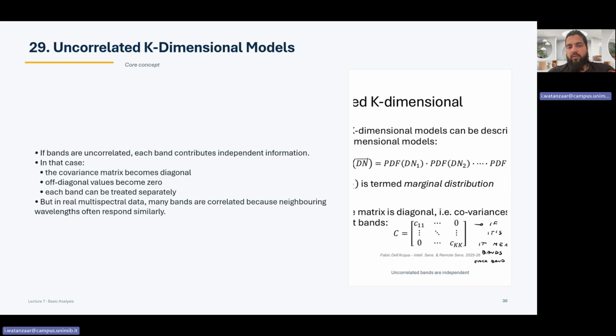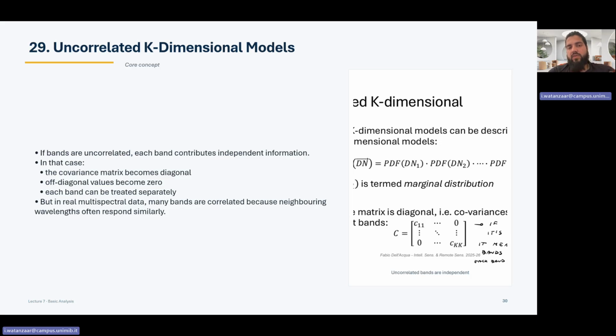So each band contributes independent information, and in this case the covariance matrix becomes diagonal, because the diagonal entries carry the variance of each band. The off-diagonal entries, as we already discussed, become zero in this case.